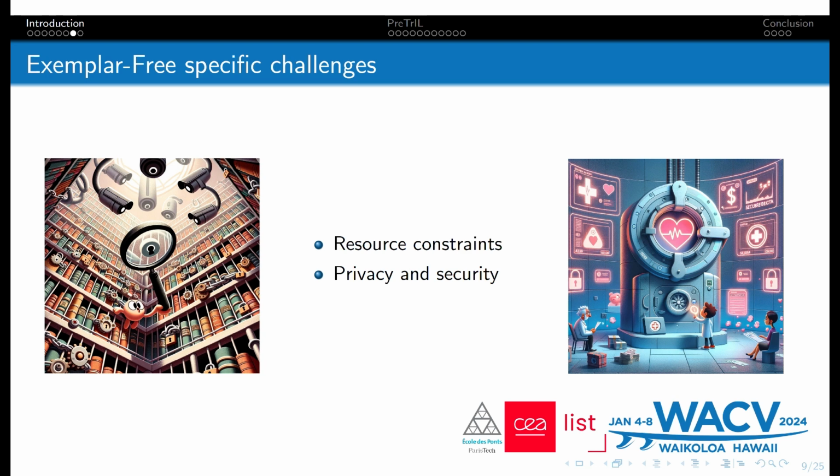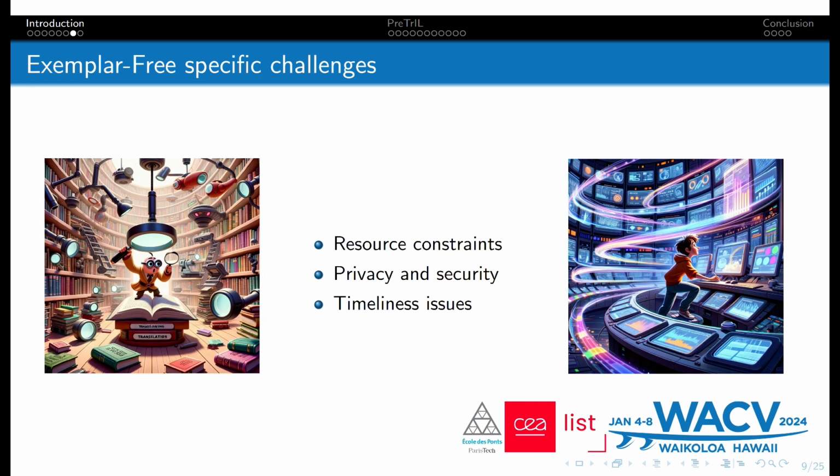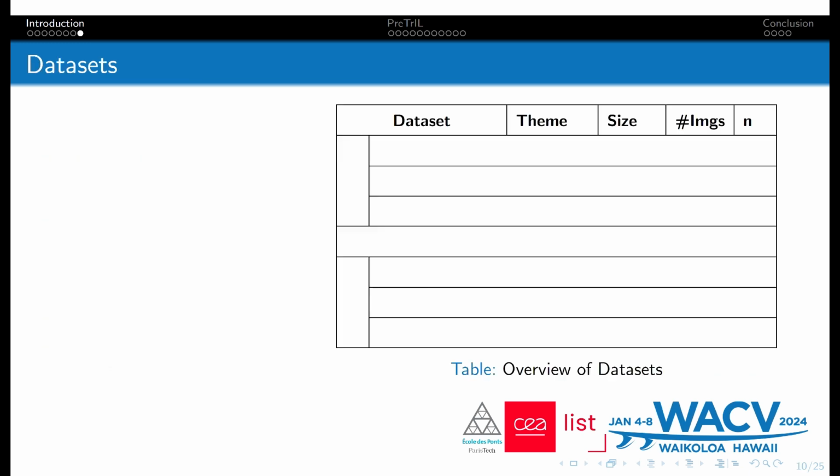For example, if we are dealing with healthcare data, we cannot store patients' data because of specific rules, and then we won't be able to learn, and that's a problem. And finally, there are also issues with timeliness, because as we want to update our model state after state, if we store data, then it will cause some issues.